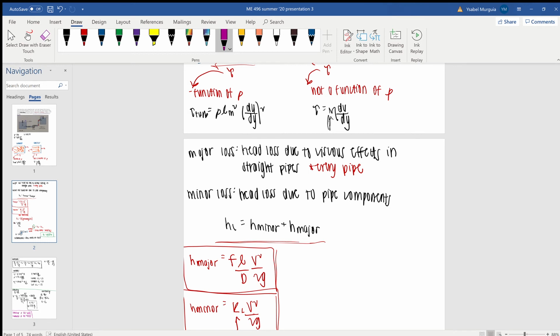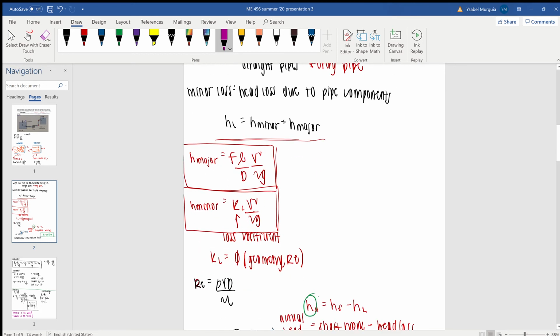For turbulent flow, the friction factor will be found on the Moody diagram, because the turbulent flow is more so dependent on the roughness and the density due to the shear stress.